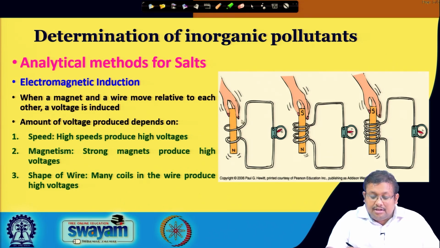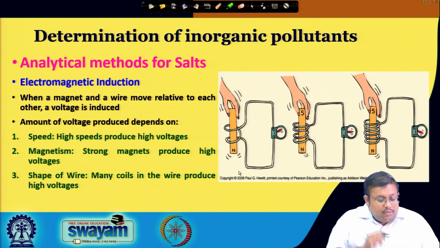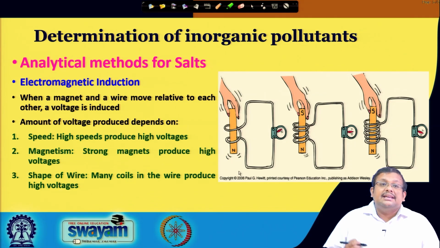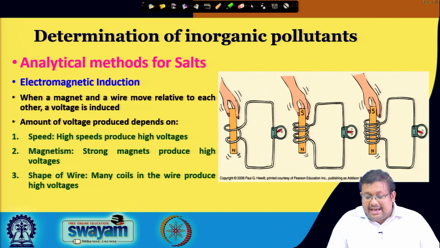First of all, the speed with which we move the magnet or the wire is one of the major factors. High speed produces high voltage. Second is the magnetism: strong magnets produce high voltage. Third is the shape of the wire. As we increase the number of coils in the wire, it will produce increasingly higher voltage.